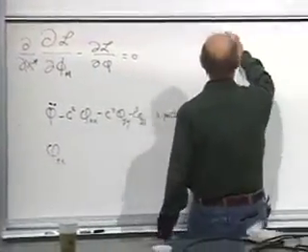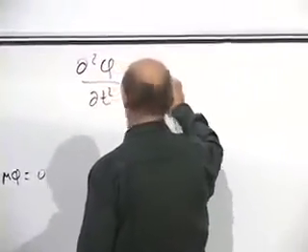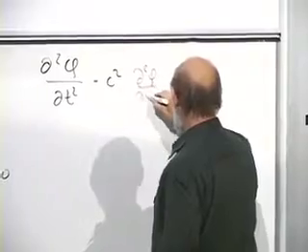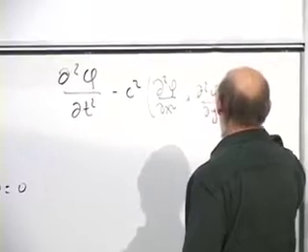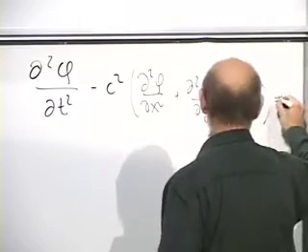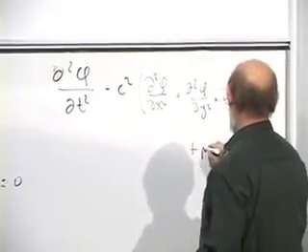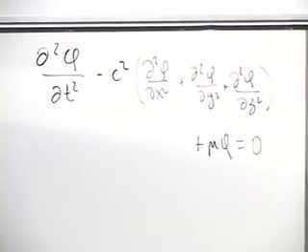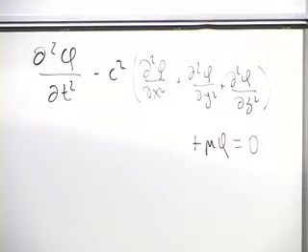In longhand, it's the second derivative of phi with respect to t squared minus c squared times the second derivative of phi with respect to x squared plus the second derivative of phi with respect to y squared plus the second derivative of phi with respect to z squared, all equals, sorry, let's put the plus mu phi, equals 0.